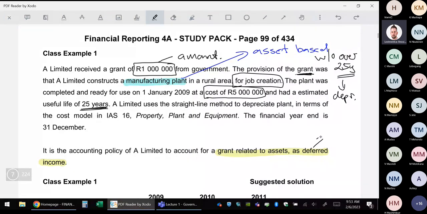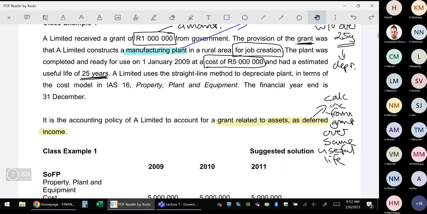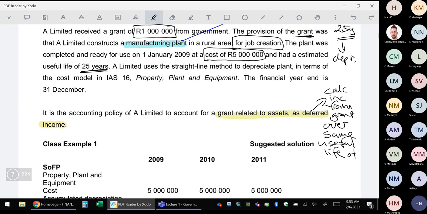So because it is deferred income, we will calculate the income from the grant over the same useful life of the asset.